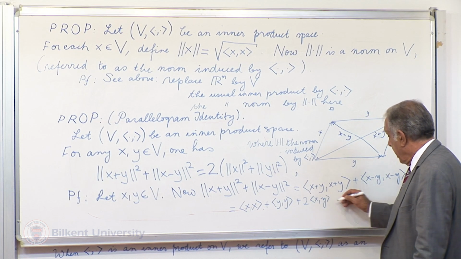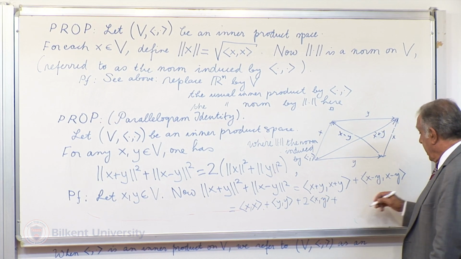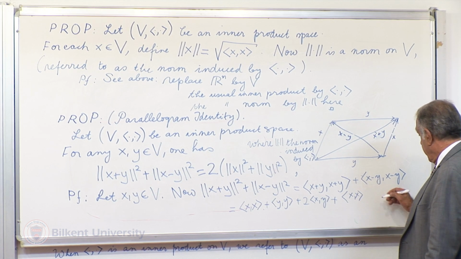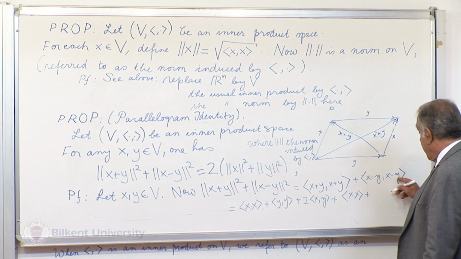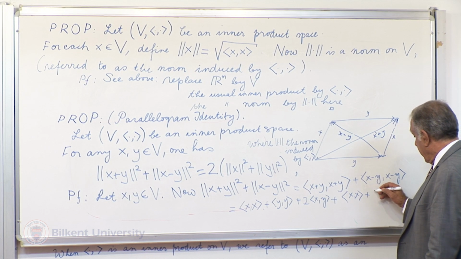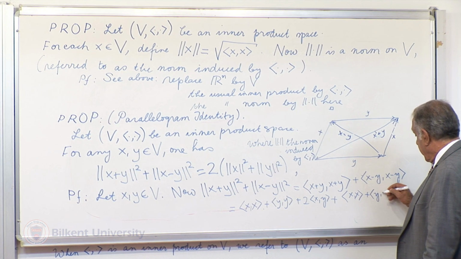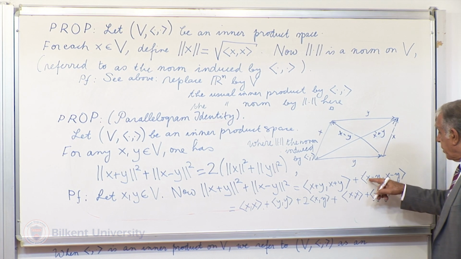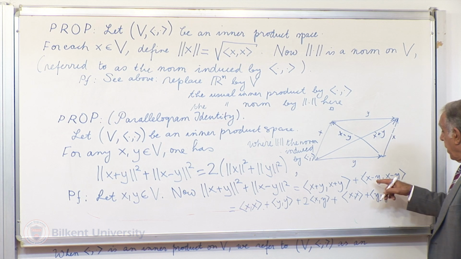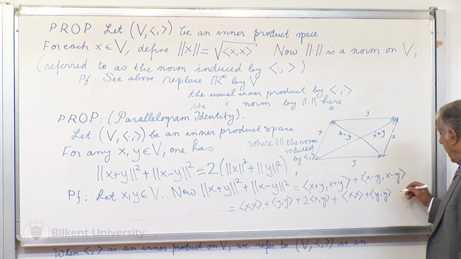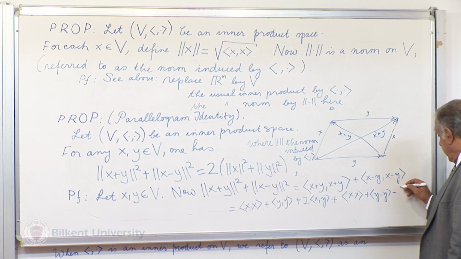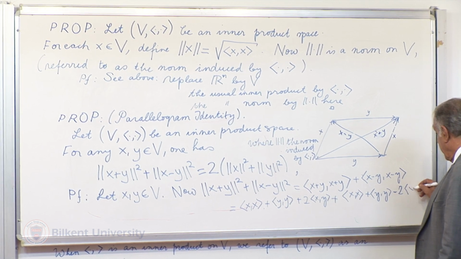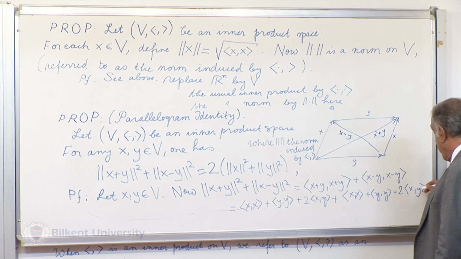plus this, you have the inner product of x with x minus y, this becomes the inner product of y with y, then you have the inner product of x with minus y and minus y with x, but that's minus twice the inner product of x with y.